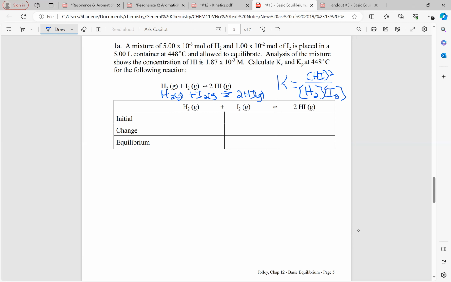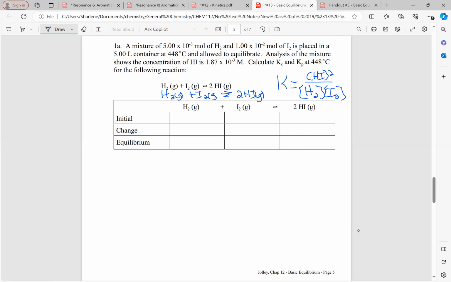In this case, that is not an equation that I gave you equilibrium values for, and it's at 448 degrees, so even if it was, I couldn't have used the values. And yes, you could go look that number up first before writing out the equilibrium expression. I'm just trying to stay in order. Okay, I have my balanced chemical equation, I have now an equilibrium expression, I cannot find a K, so let's fill in the table.